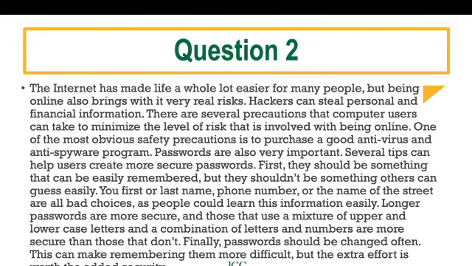And then the rest of your passage gives ideas about how you can protect yourself online: purchasing good antivirus and anti-spyware programs, getting secure passwords, how to create secure passwords, and then finally when you should be changing your passwords. So that first sentence does not give us our main purpose.